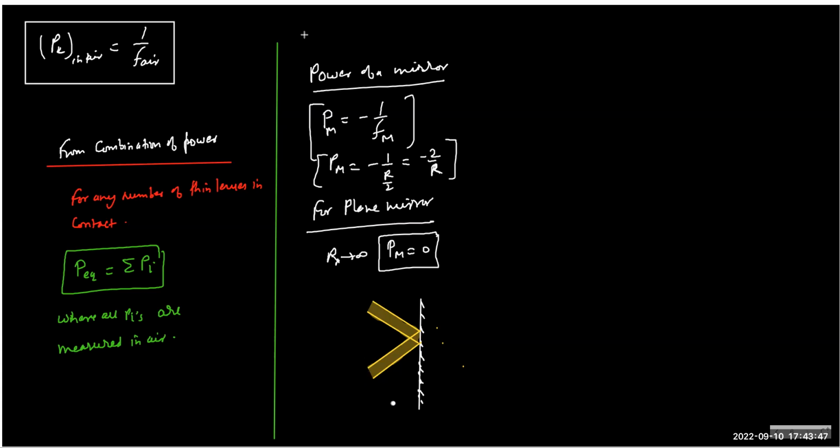Okay, so because the ability of the plane mirror is neither to converge nor to diverge, it only deflects. So we say power is zero.